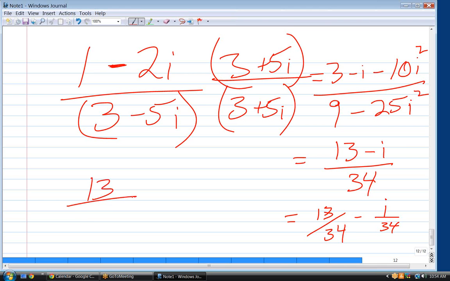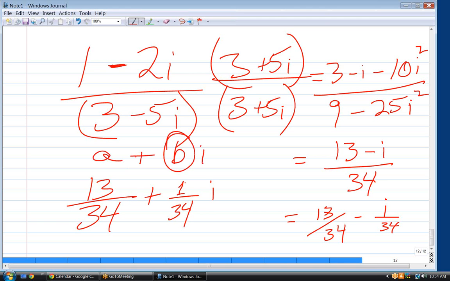How about 13 over 34? What is b? b is 1/34th i. Oh, yeah. In other words, a plus bi, you've got to come up with b. We didn't have a b here. b needs to be written separate from the i.